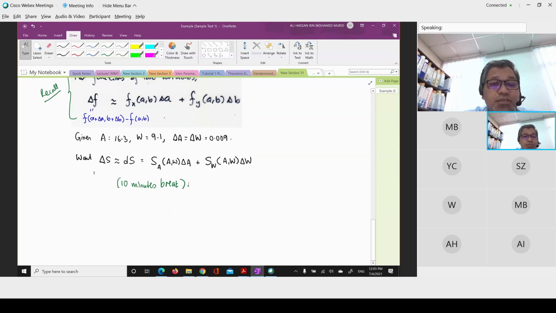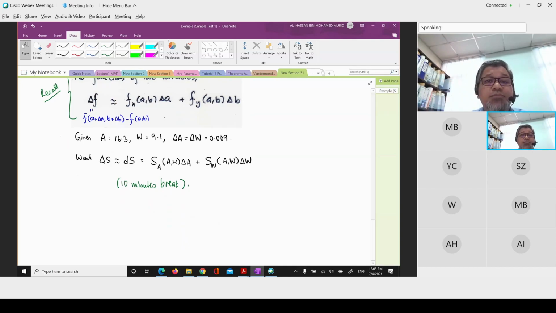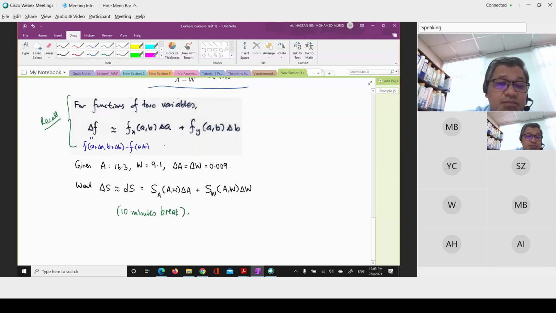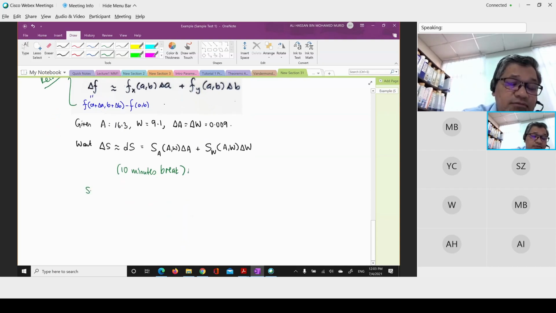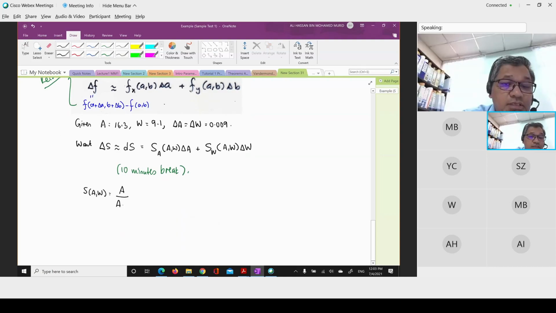Okay, what is required here is S partial A and S partial W. Look at the function S. We have S equal to A over A minus W, right?